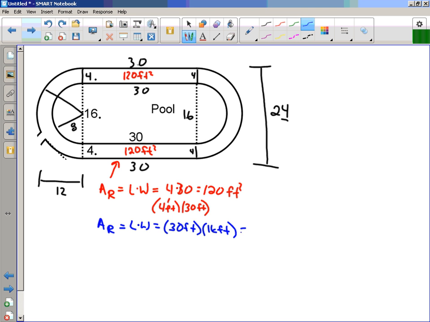So that's going to be 30 times 16, which is like 3 times 16, which is 48. And so that must be 480 feet squared. So I'm going to go ahead and put that inside as well. So this area is 480 square feet.